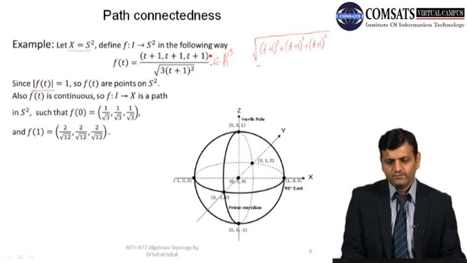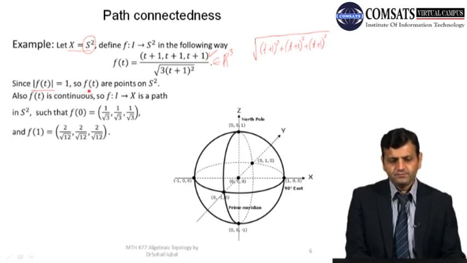If I divide this point of R3 by its length, then I will get a vector of R3 whose magnitude is 1. So we can say that it's a point on S2, because S2 is the set of all points of R3 whose magnitude is 1, or whose distance from the origin is 1. So f of t are points of S2. Also f of t is continuous, so there is no discontinuity in this case.